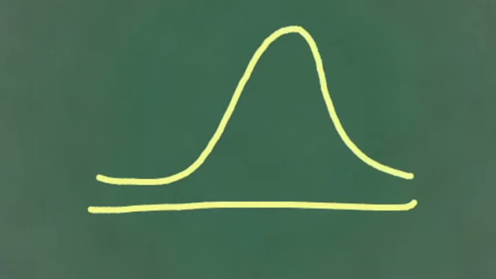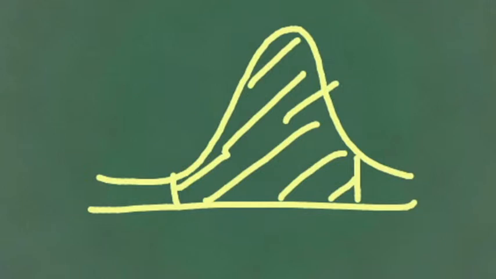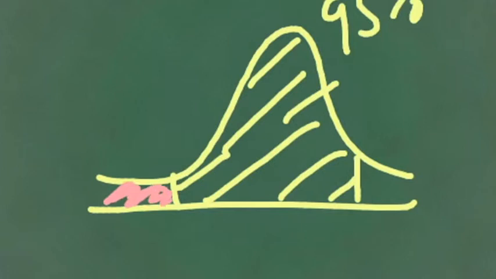So if this is your bell curve and you choose to do a 95% confidence, it means 95% of the times on average you will be correct. However, there is a slim chance that during this period, these values here, which represents 5%, in those cases you should really have accepted the null hypothesis as true, but you are not going to.